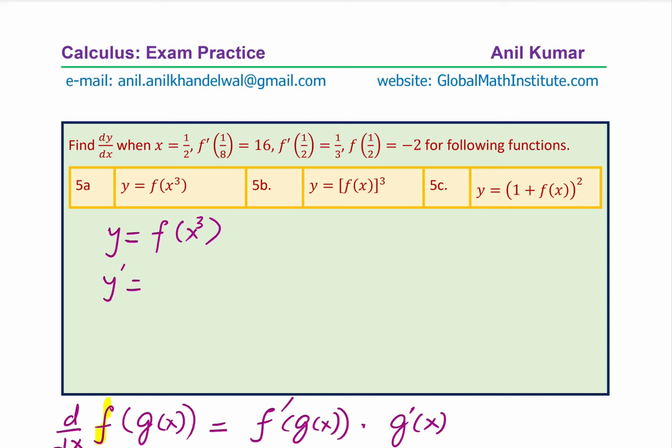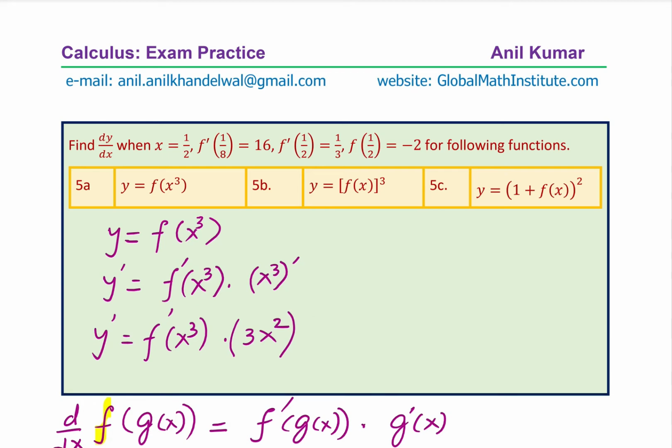The derivative of this function will be the derivative of f of x cube times the derivative of the inside function, which is x cube. So that gives you f prime of x cube times the derivative of x cube, which is 3x squared, right?